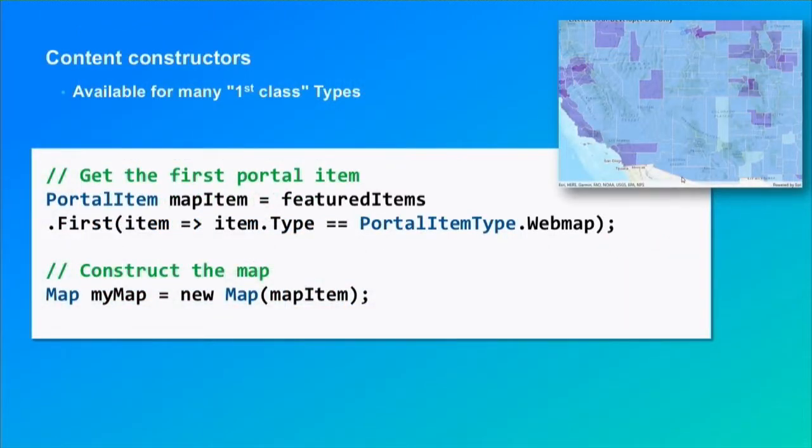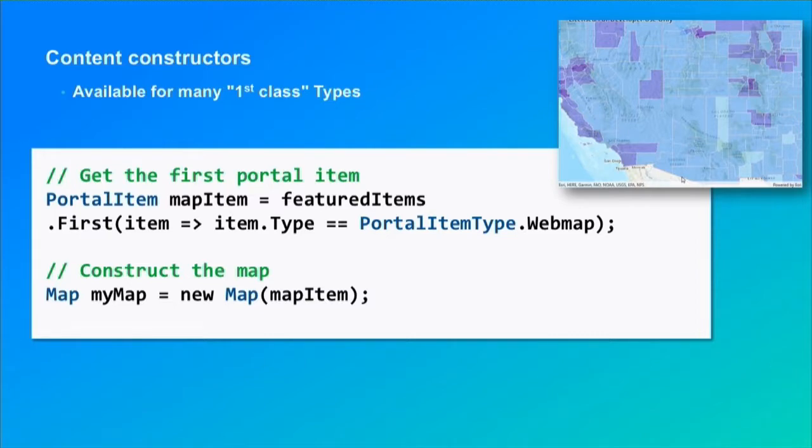Let's talk about those content constructors. So if you already know what a portal item is, and you already know what you're expecting, you can pass it to the constructor of the relevant runtime type, in this case a map. And we have these for a lot of things, which is really awesome. It becomes one line of code. I also want to show you, you have a portal item.